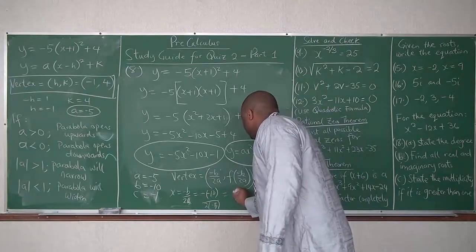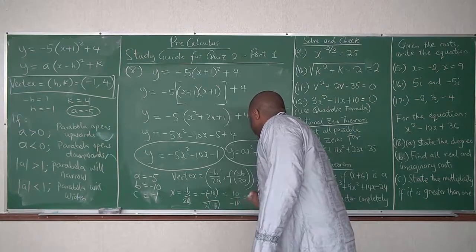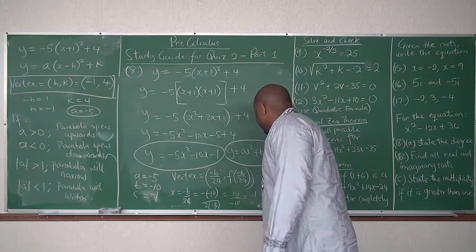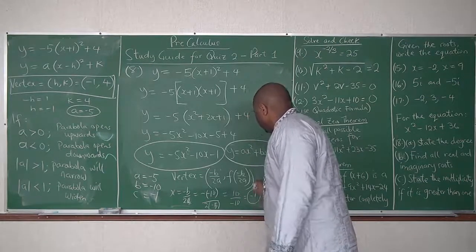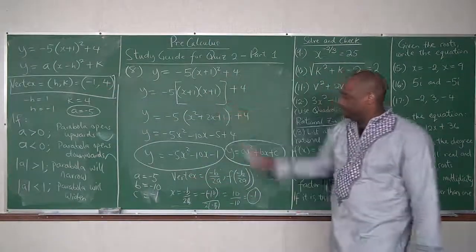So this is 10 over -10, which is -1. So the x coordinate of the vertex is -1. You see -1. We got that.